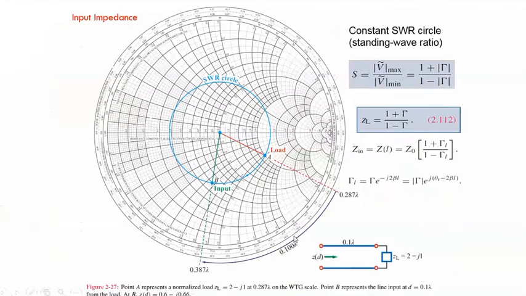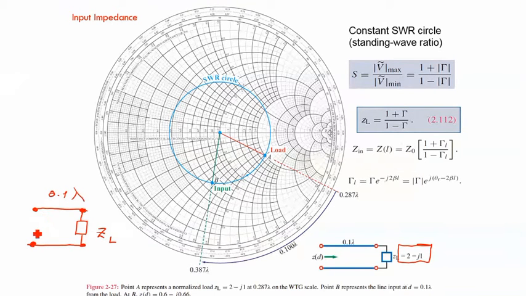So now see this one. This is again 2 minus j1, and it wants us to find out: if we have a load ZL with a transmission line connected to it, and this transmission line is of length 0.1 wavelength.